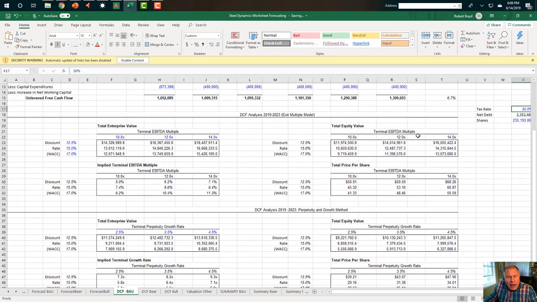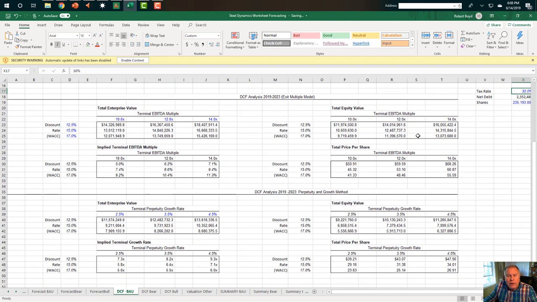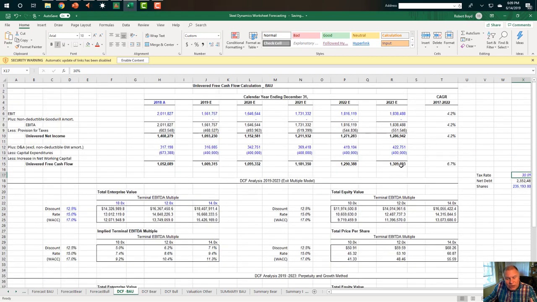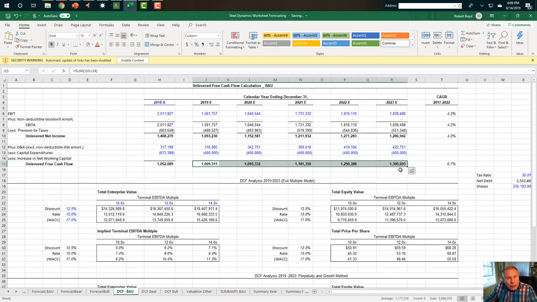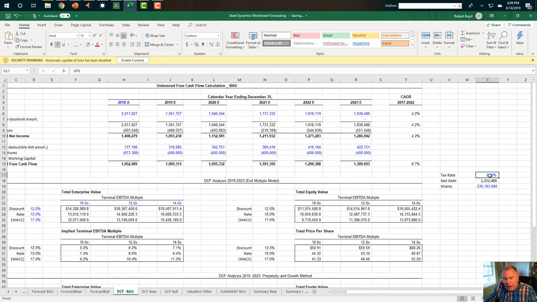So then we have two choices of how we're going to value the company, how we're going to deal with that end of the period. So we're going to discount this cash flow here. Okay, this cash flow is going to be discounted, and then we have to do something at the end of 2023. So we have two things we're going to do there. Before we get too far along, you input the tax rate, you input the debt, and you input the number of shares the company has. Okay?